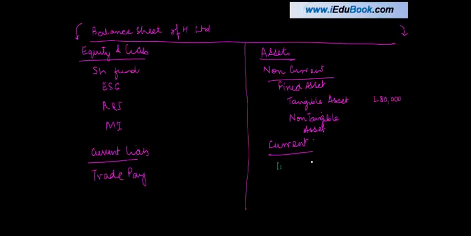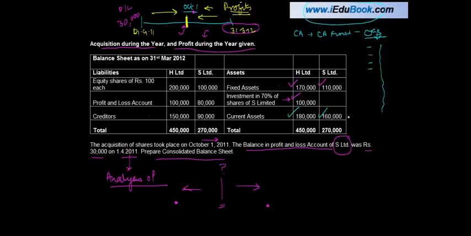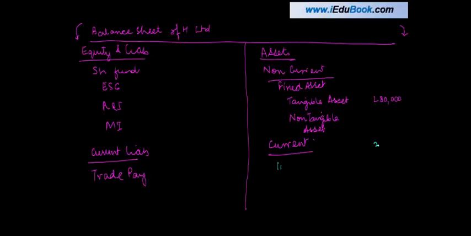It's just the current assets, so I'll just take the total, 180 plus 160, 340. Otherwise, if you are given the bifurcation between inventories, trade receivables, and others, you should first give those balances here and then take the totals. Or you can simply reflect this here as well.